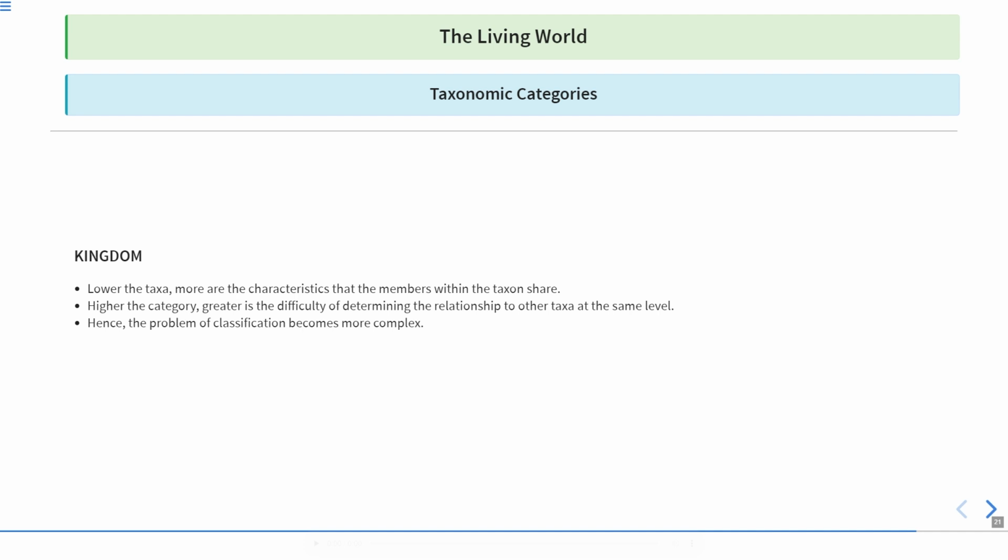Lower the taxa, more are the characteristics that the members within the taxon share. So they have more common characteristics.